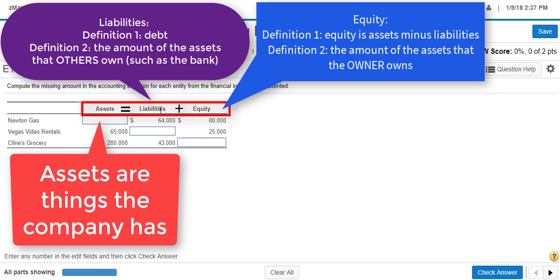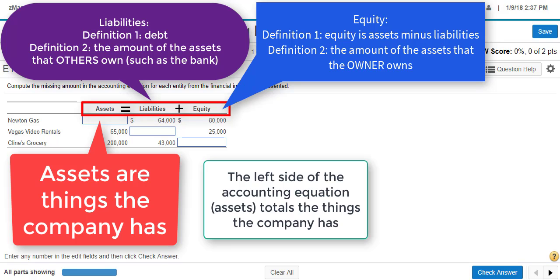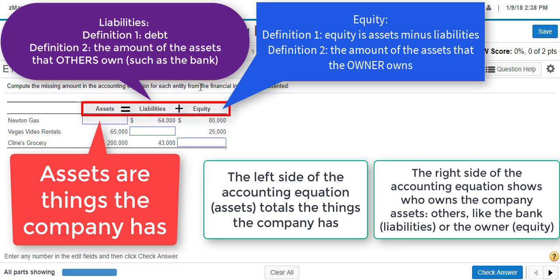There's 2 more different ways to look at liabilities and equity. So notice the accounting equation has the equal sign here. On the left side, the assets, we have a list of things that the company has. On the right side, we split out the amounts of the assets and divide them into 2 groups.